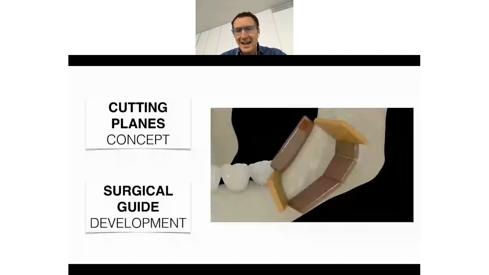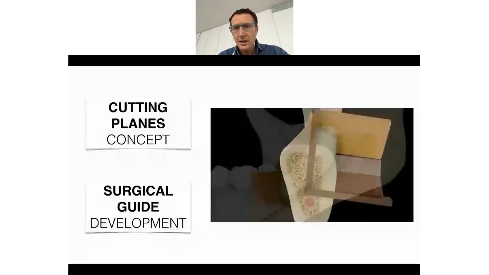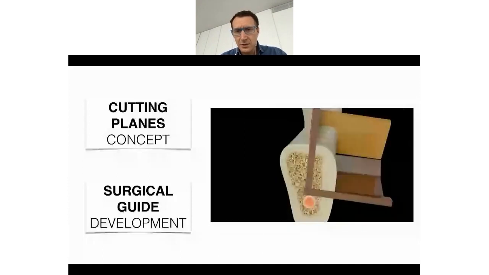So we analyze the case, we select the retromolar area that fits the required dimension. We are using so-called cutting planes that simulate the interface of these cutting plates, not the thickness.